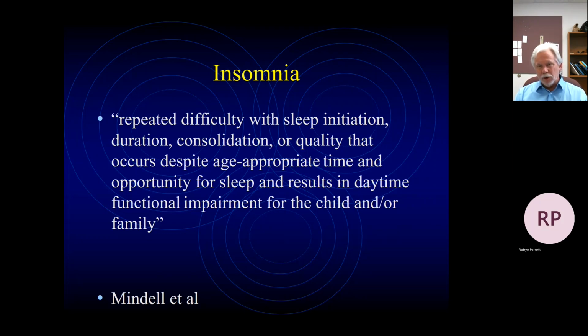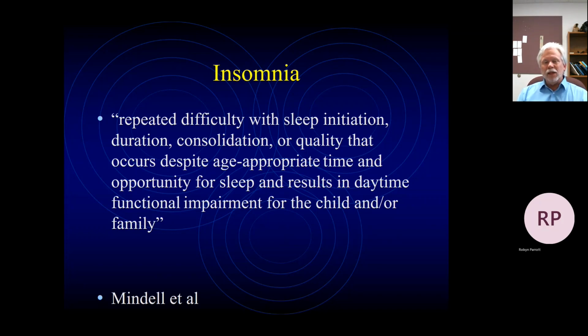So insomnia in children has been defined as repeated difficulty with sleep initiation, duration, consolidation, or quality that occurs despite age-appropriate time and opportunity for sleep and results in daytime function impairment for the child and or the family.